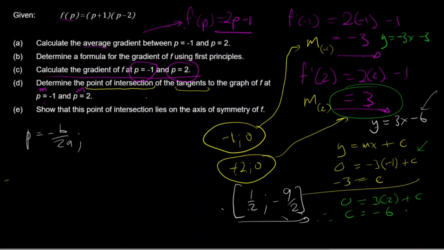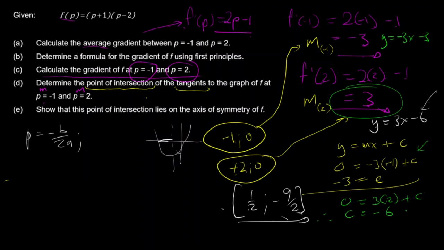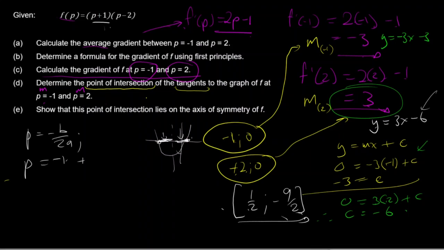However, in any parabola, regardless of where it sits, the axis of symmetry is always right between the two x-intercepts. So if we know the two x-intercepts, we can apply something very similar to the midpoint formula. So p is going to equal minus 1, which comes from that intercept, plus 2, which comes from the intercept created by that factor, and then we divide that by 2.